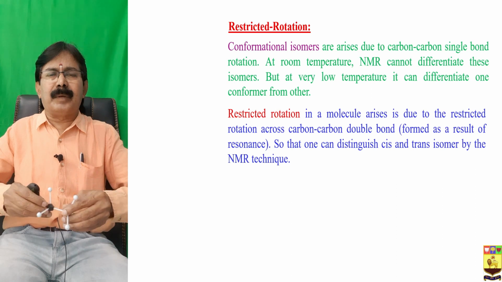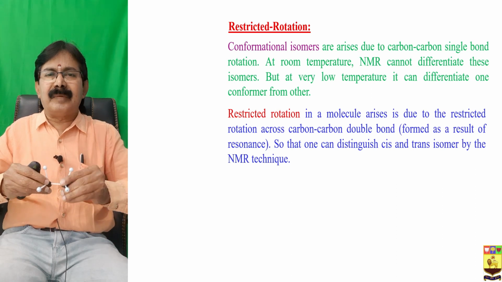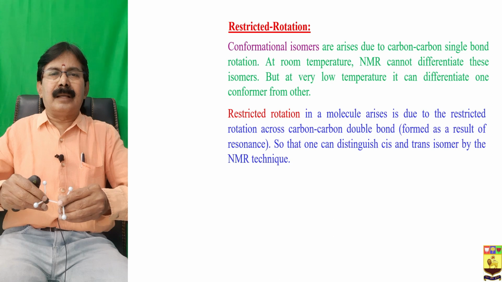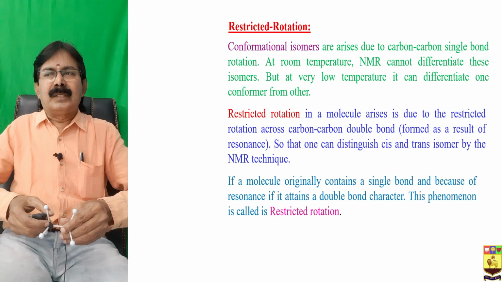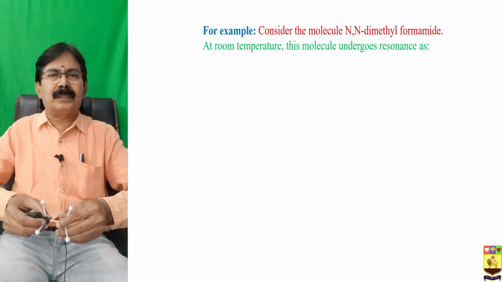But at very low temperature, the rotation rate is very slow, and the NMR can differentiate one conformer from the other. So restricted rotation in a molecule arises due to restricted rotation across a carbon-carbon double bond formed as a result of resonance.